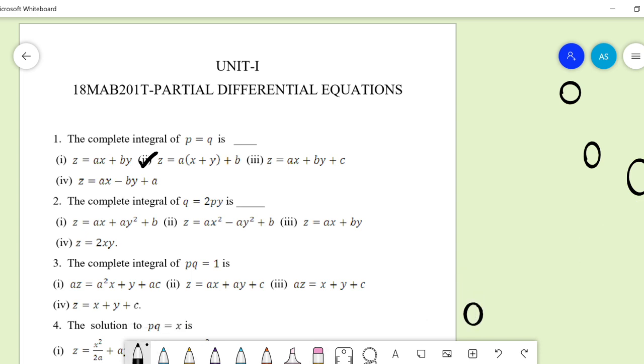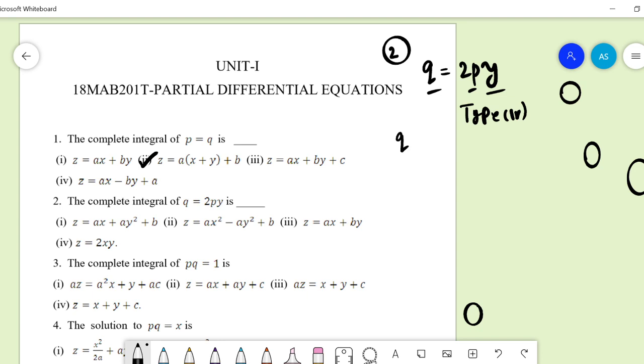Next question. Question number 2: complete integral of q equals 2py. So this is p, q, y, a 3-letter expression. Here x is missing, so this is under the category of type 4. For type 4, just combine q and y terms on one side, remaining terms on the other side.